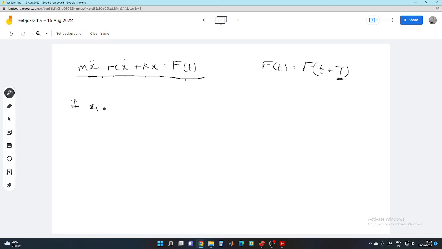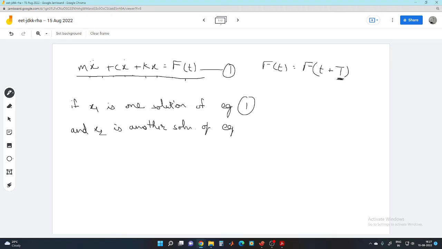if x1 is one solution of equation 1, we'll call it equation 1, and x2 is another solution of equation 1, then x equal to alpha x1 plus beta x2.